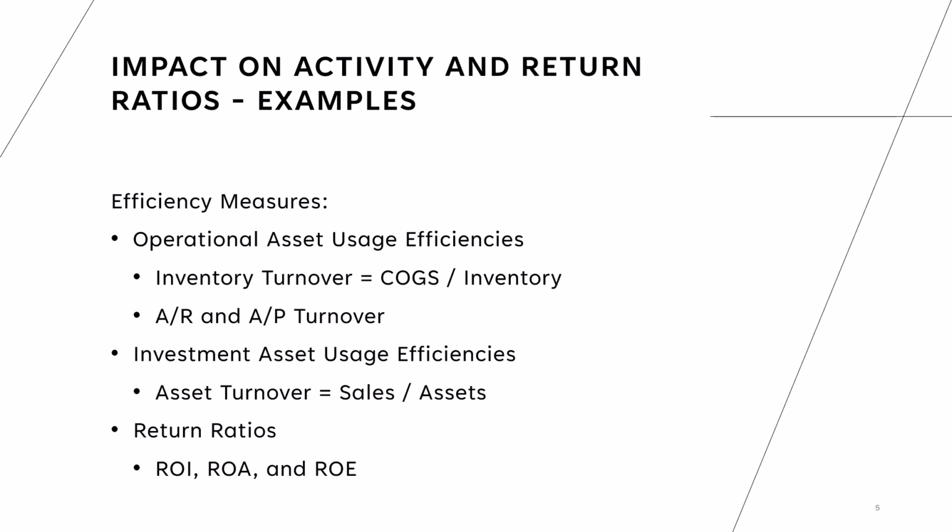The formula is total purchases on credit, so the numerator goes up, but so does your accounts payable, so the denominator also goes up. Which direction it goes depends on whether your beginning point is greater than 1 or less than 1.